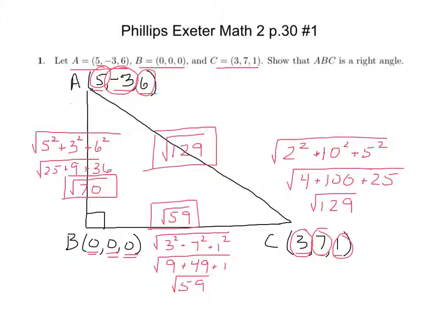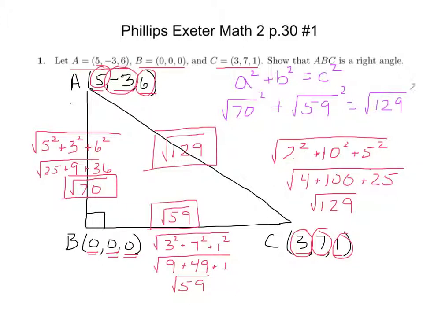Now hopefully we see a little pattern here of how we're going to show this, but if you're not seeing it, to double check this, we're going to use the converse of the Pythagorean theorem. So a squared plus b squared equals c squared. So we're going to double check that root 70 squared plus root 59 squared equals root 129 squared.